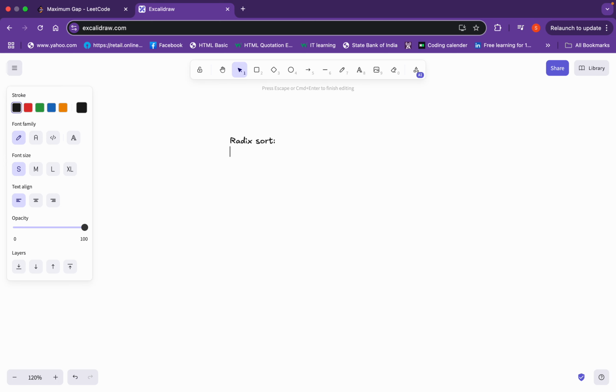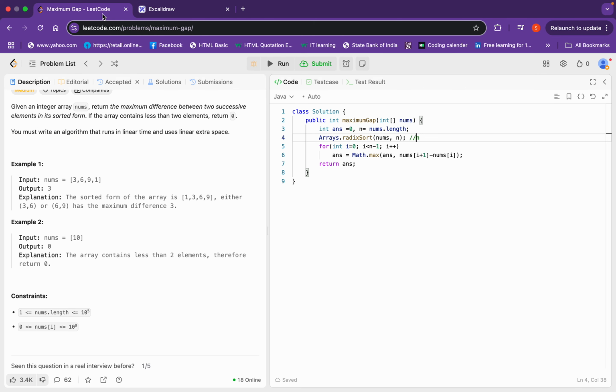Radix Sort basically works on the principle of sorting digits at each digit place.